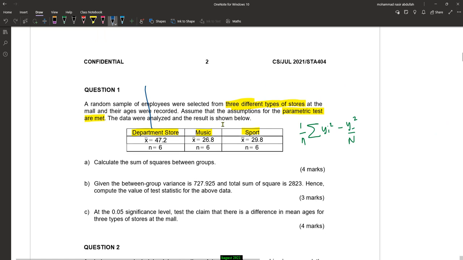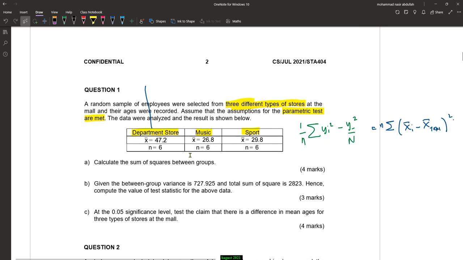So this one also equal to summation of, right, this is n. Sebab bila you manipulate nanti you akan dapat macam ni lah. But I think masa kelas tu I tak explain this formula, right. So x bar i minus x bar total, right, square.